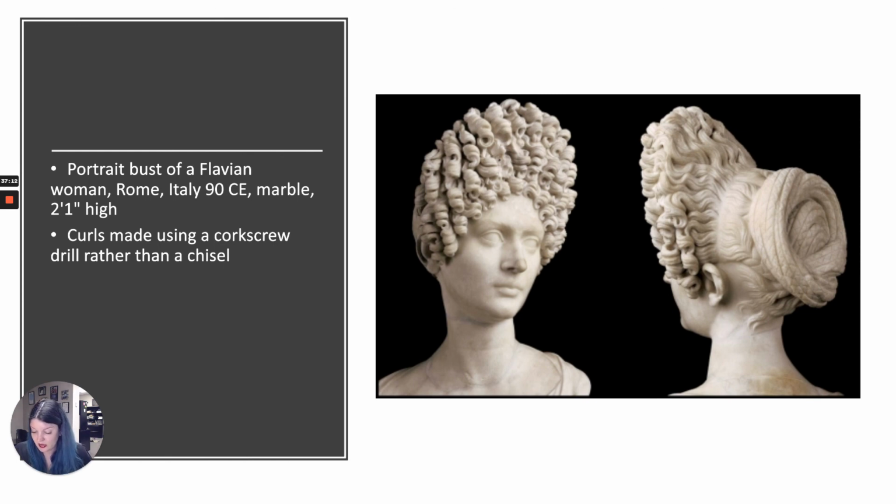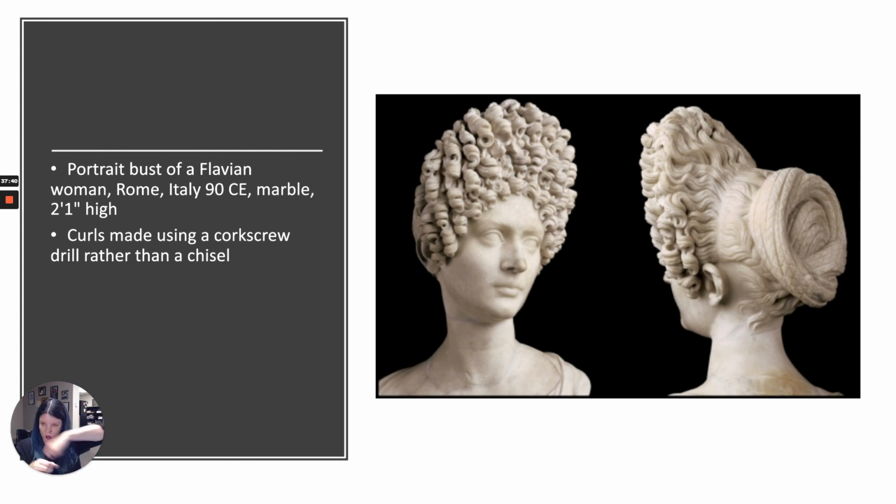The other thing that's cool about it is the curls are made out of a new kind of technological breakthrough. Up until this point, a chisel, just tapping a chisel with a hammer, was used for carving marble. This kind of hairstyle leads to the advent of a new tool that is a kind of corkscrew drill.